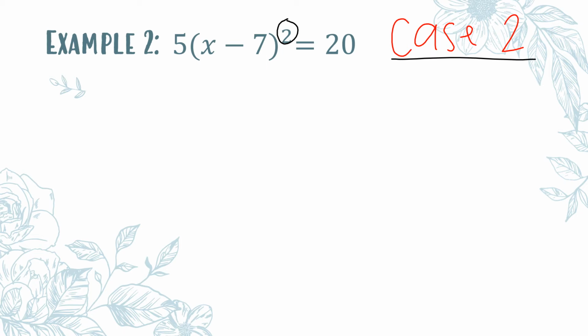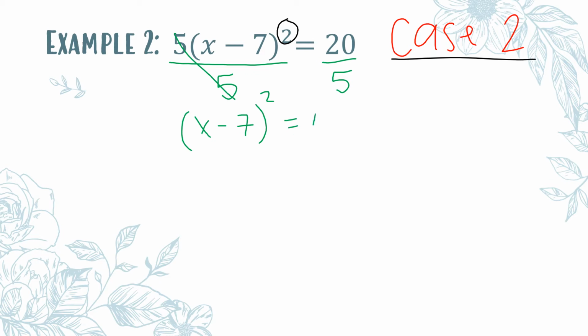Exponents would come first. Okay, so I need to first get rid of that 5, so I can do that by dividing by 5. And when you divide by 5, it cancels out on this side, so nothing is going to go with the x minus 7. So I can bring down x minus 7 squared equals 20 divided by 5 is 4.